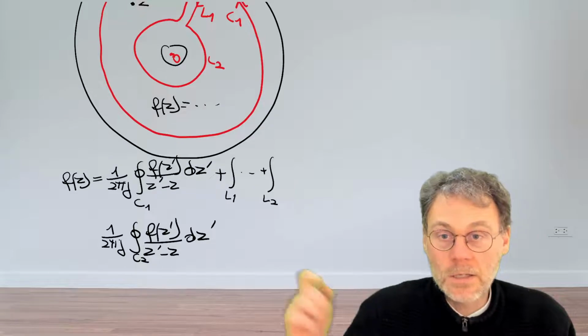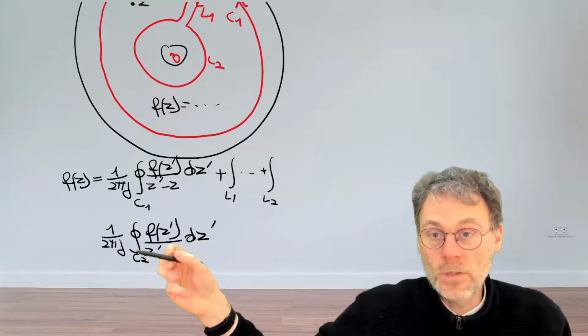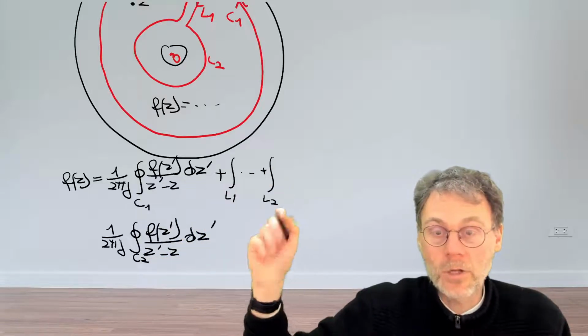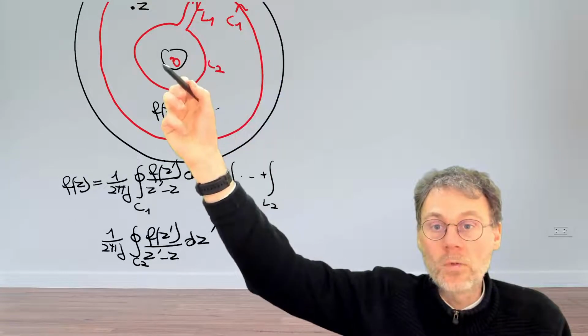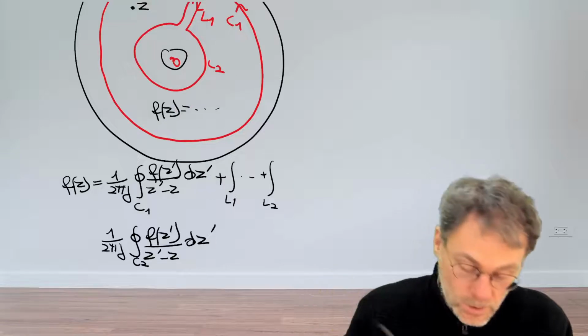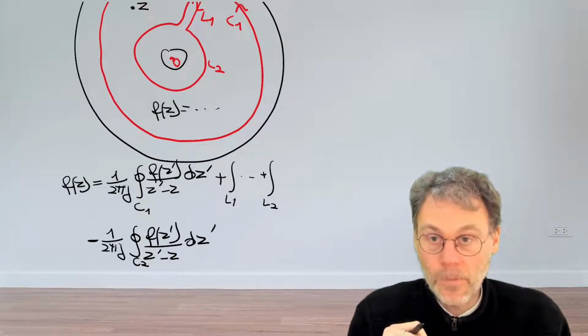But again, if we write something like this, then by convention, this means that we walk through C2 in the counterclockwise direction. But here, if you look at the way this contour is traversed, we actually need the clockwise direction in order to close our contour. This is why we have, again, a minus sign over here.